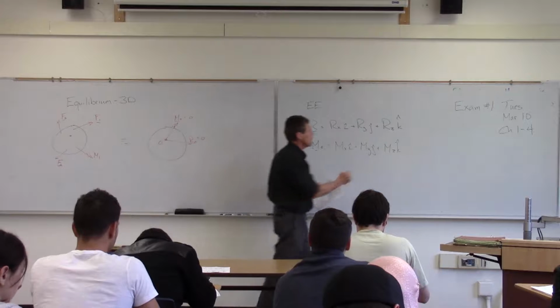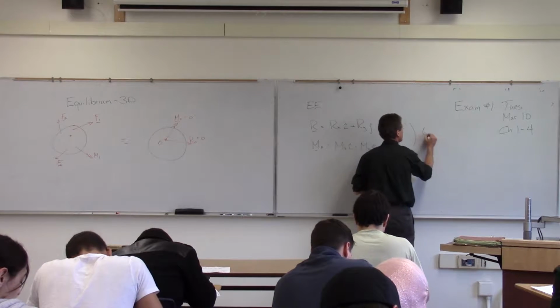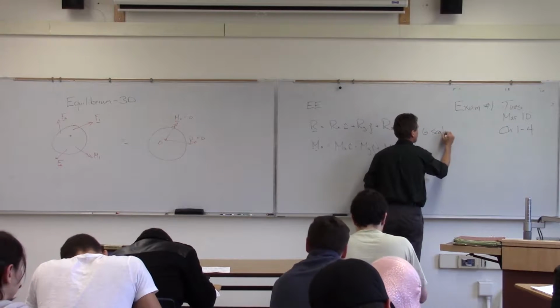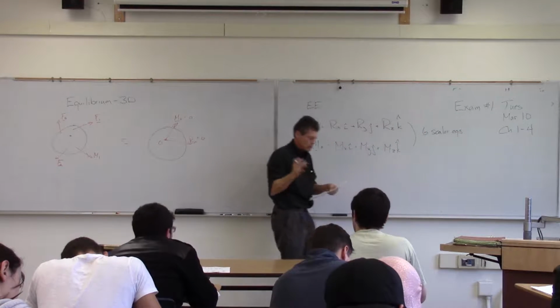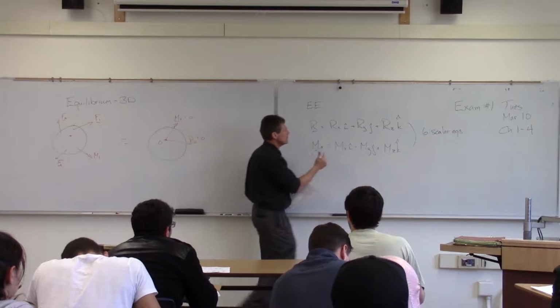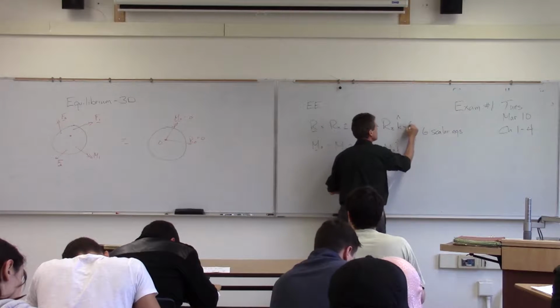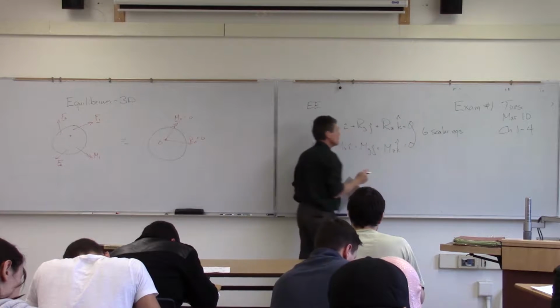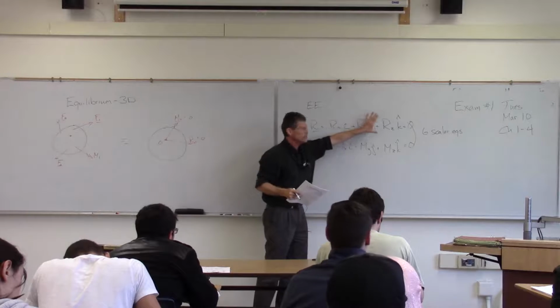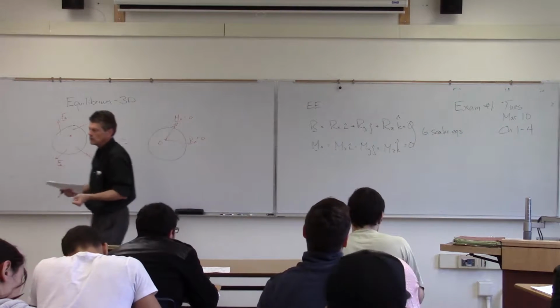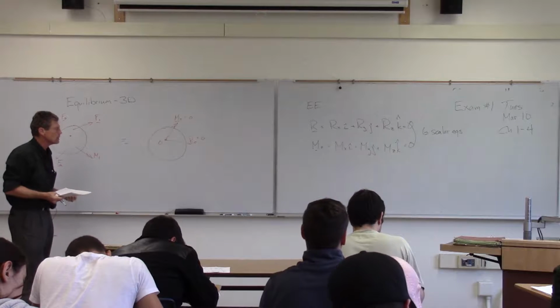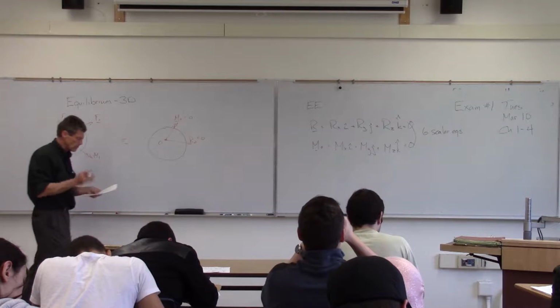So the key thing now is we have six scalar equations, because in order to make these equal to 0, which I didn't put up there, each one of these little pieces has to go to 0. Remember, to make a vector 0, the x piece has to equal 0, the y piece has to go to 0, and the z piece has to go to 0.